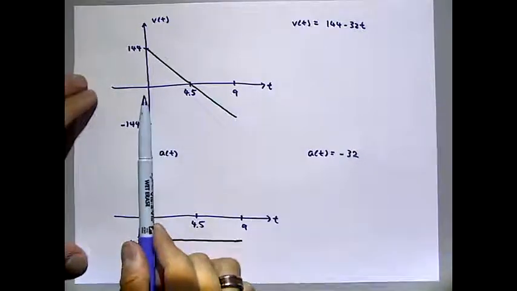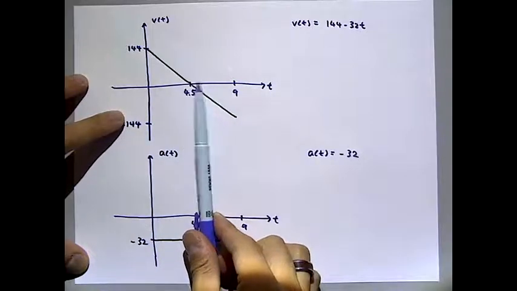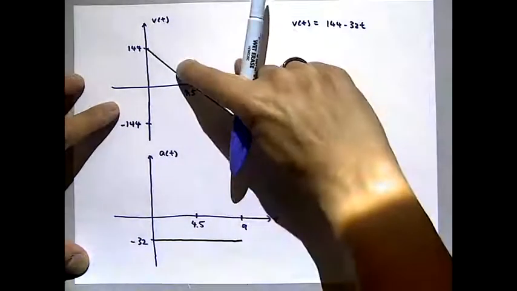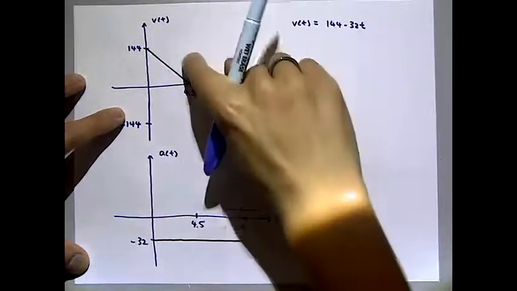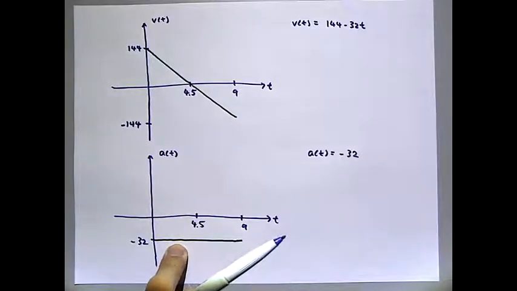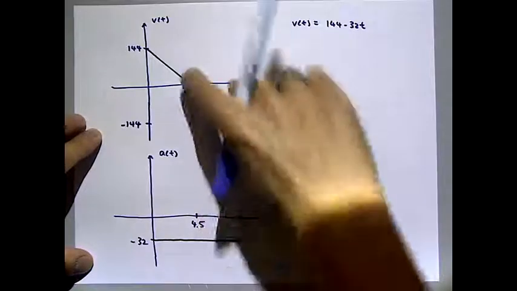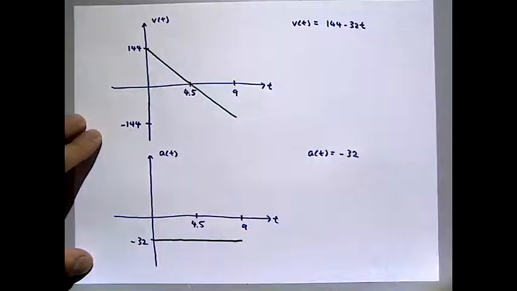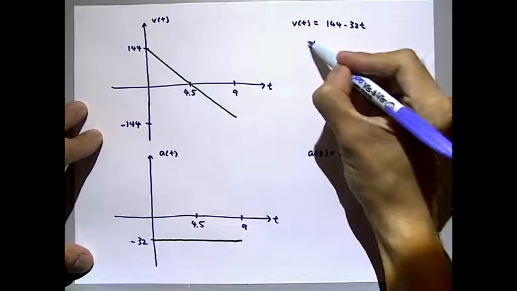From the time we launched the thing, between 0 to 4.5, positive velocity means the object is going upward, right? Negative acceleration means gravity is pulling it back down. During that time, from our intuition, we know the object is rising and slowing down, right? It's going up and slowing down. So let's write that down.